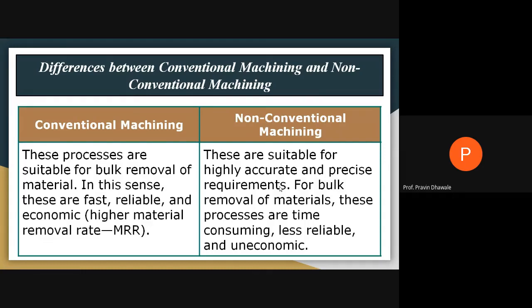Even they are removing the material in the bulk form. These processes are also fast because they do not produce a fine surface finish. They are providing a certain range of surface finish by the machining operation.